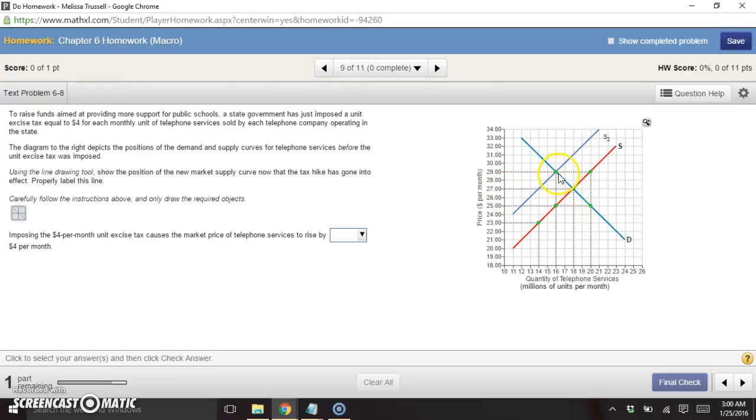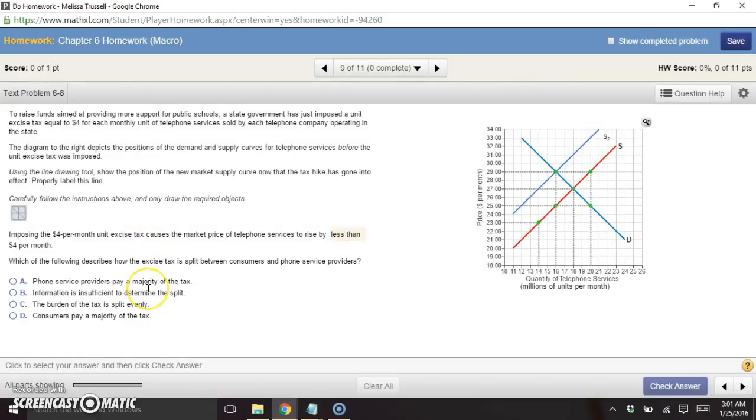Now, our new equilibrium price is where our new supply curve crosses the demand curve, which is up at $29. Notice that's only $2 more expensive than before. So the market price actually rises by less than the total of the excise tax of $4. So the market price rises by less than $4 per month.